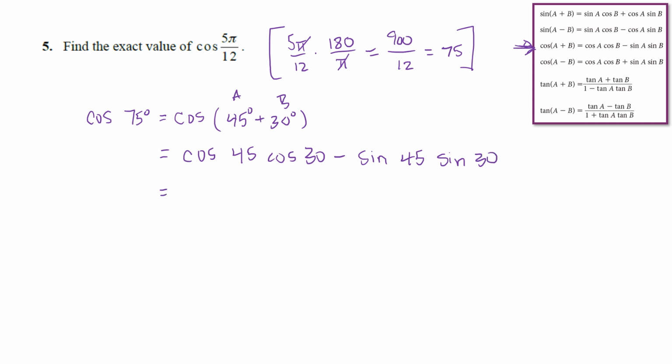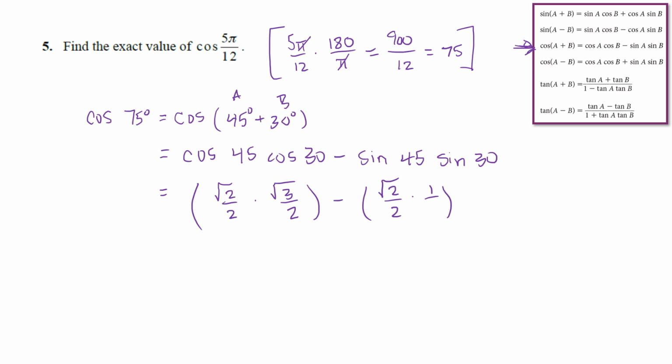Okay? Now the cosine of 45 degrees is the square root 2 over 2. The cosine of 30 degrees is the square root 3 over 2. The sine of 45 degrees is square root 2 over 2. And the sine of 30 degrees is 1/2. Or sorry, 1/2.